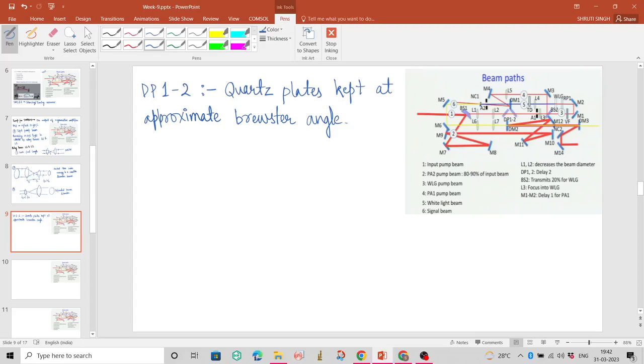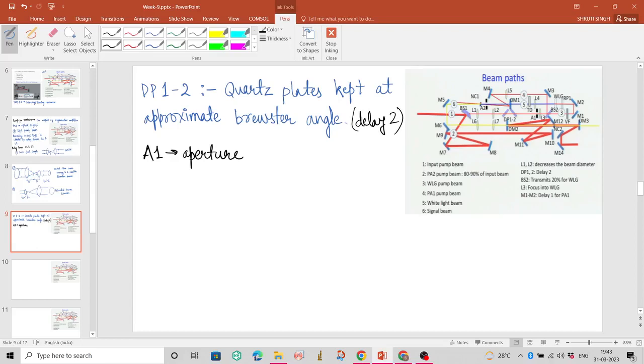And after this we have A1. A1 is the aperture. Here this is the delay tool.